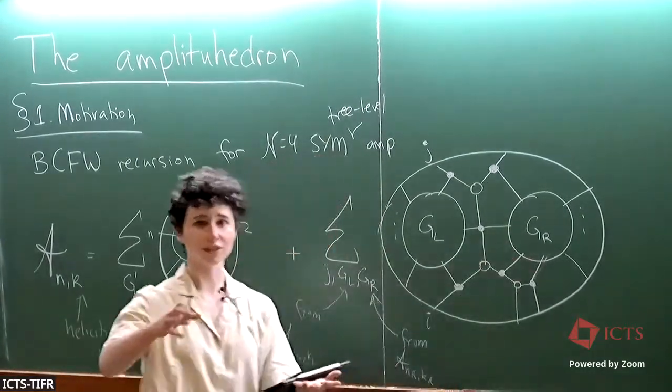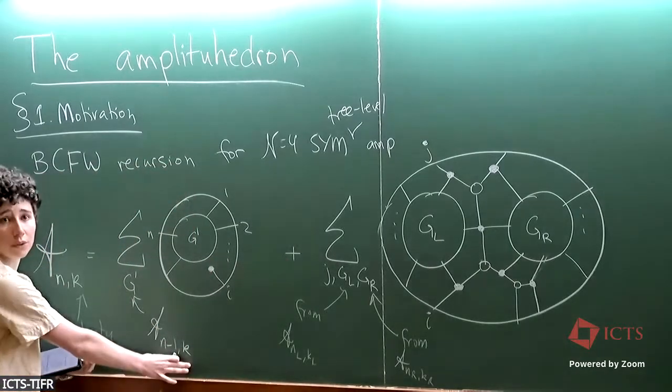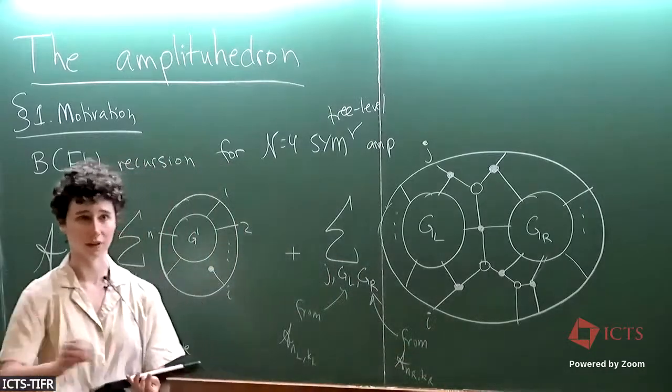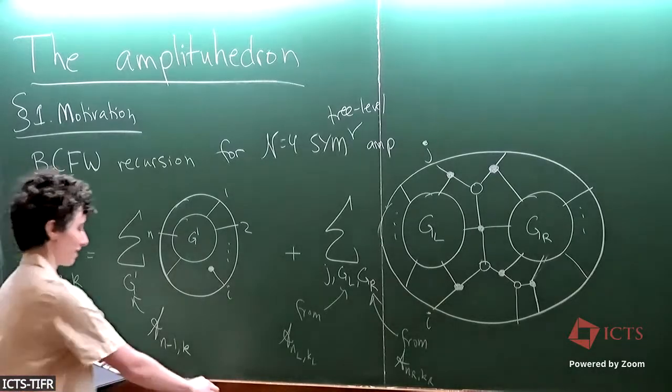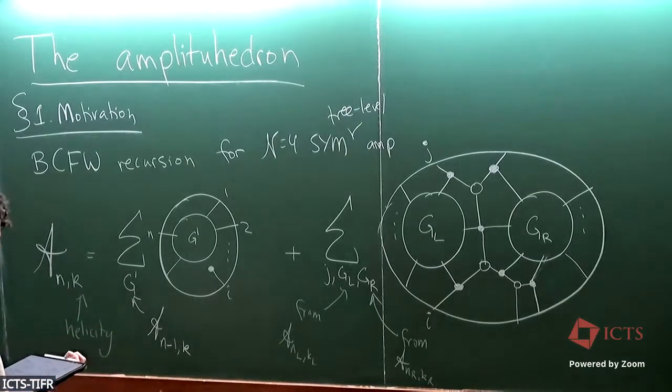In reality, this is recursive, so I would start with this, and then I would use the same method to compute this amplitude and the same method to compute this one, and it just keeps going all the way down.